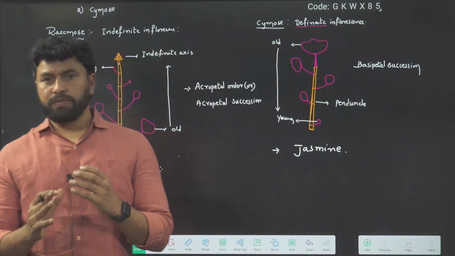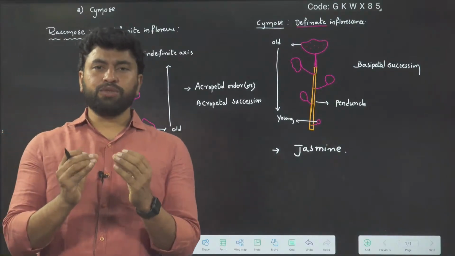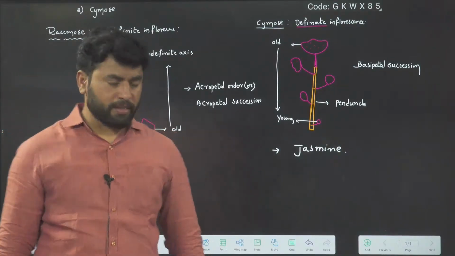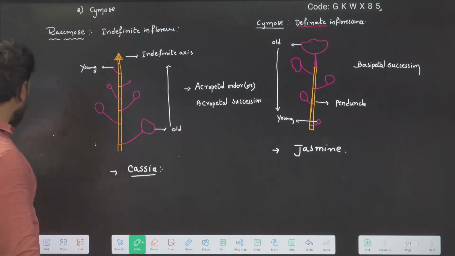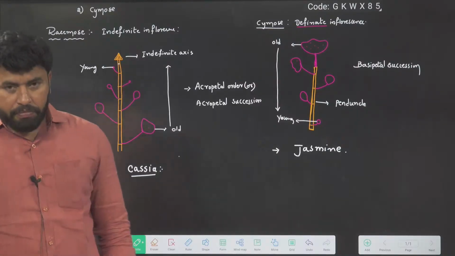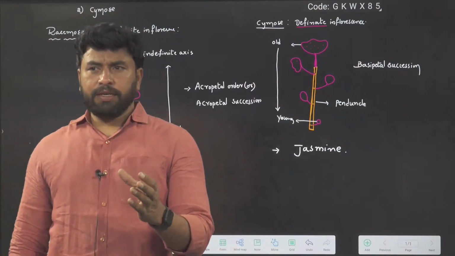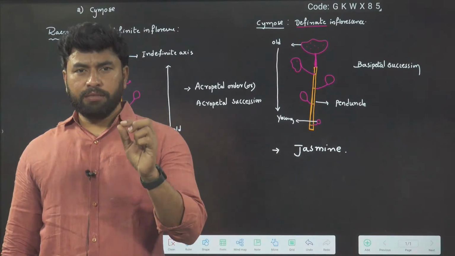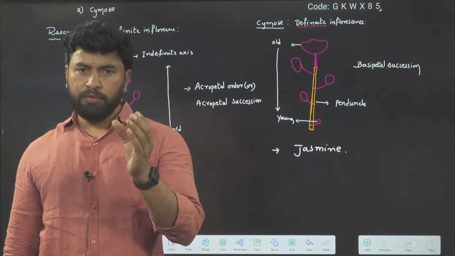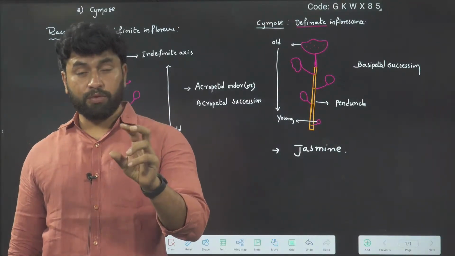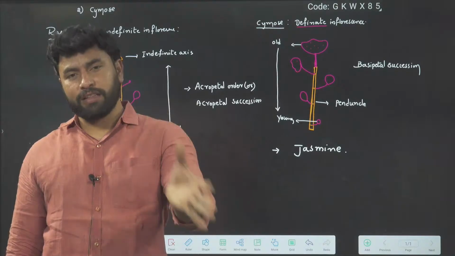Let me show you some of the images to understand the inflorescence arrangement. One more time, there are various types of racemose inflorescences and cymose inflorescences. Not one or two, several are there.